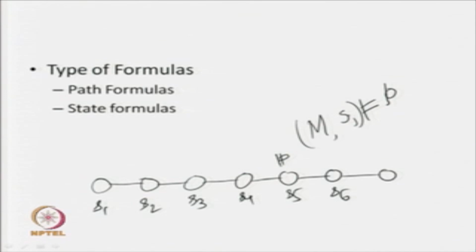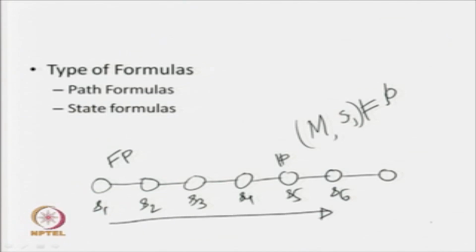Then I can say that in state S1 the formula F P is true, in future P is true. Though we are talking about state S1, it is related to this particular execution sequence.